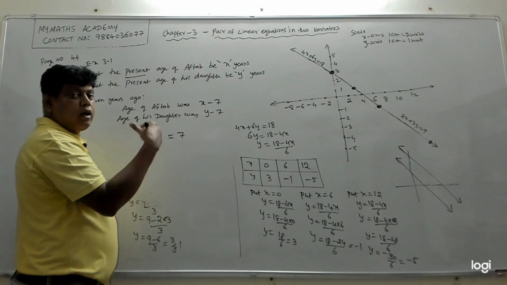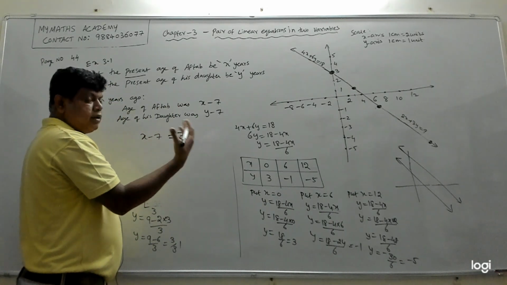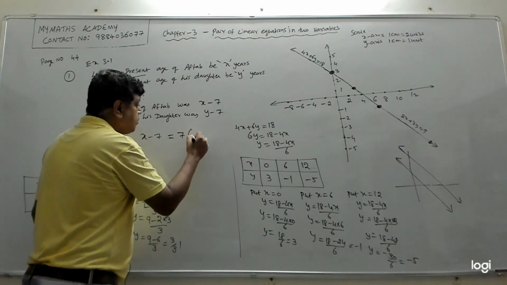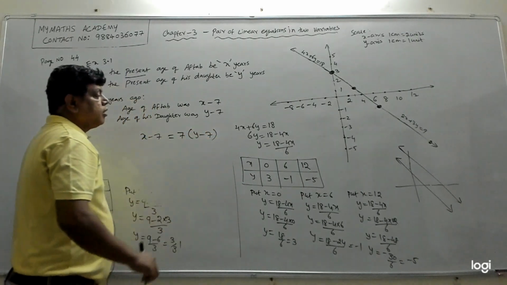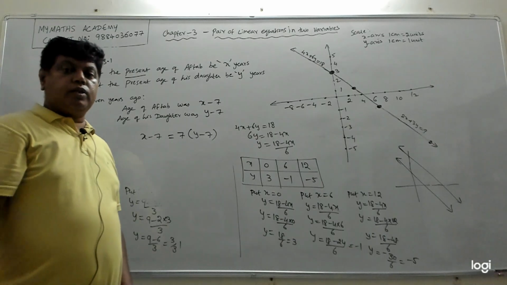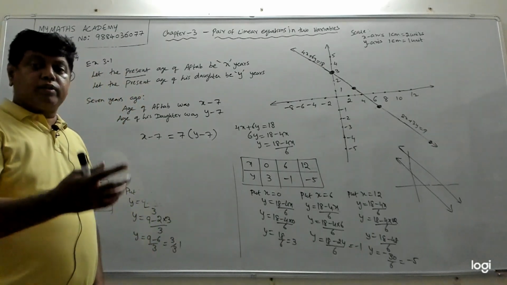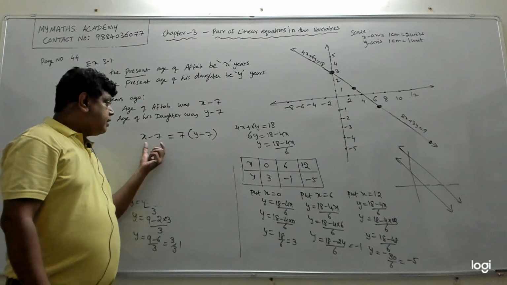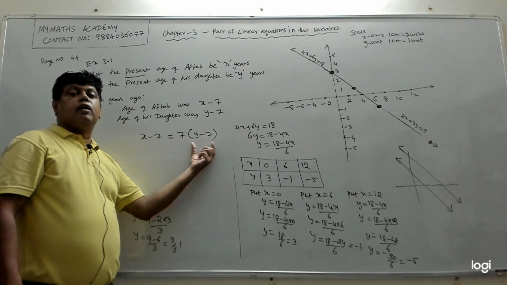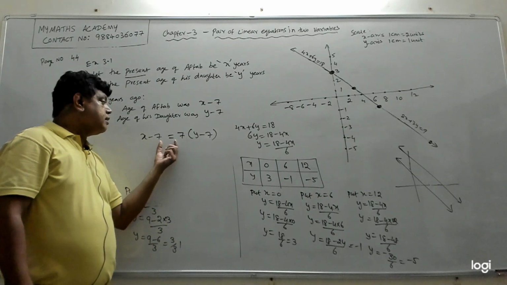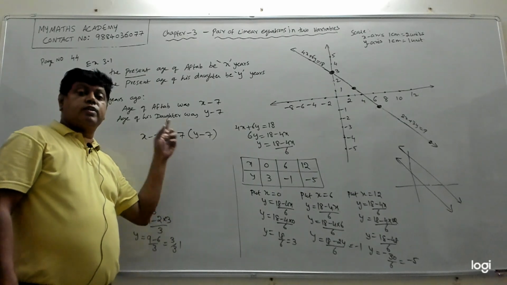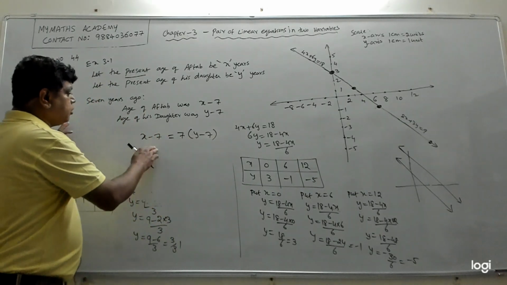You were then means however old his daughter was. So he was 7 times the age his daughter was 7 years ago. His age was 7 times his daughter's age 7 years ago. Now you simplify this equation.